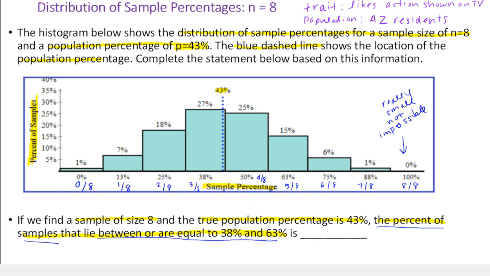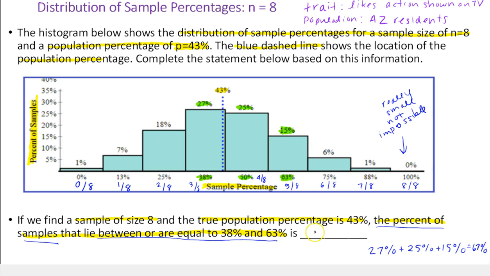So let's use a different color just to highlight these. Here's 38%, 50%, 63%. And their corresponding percent of the total amount of samples is 27, 25, and 15. So if we add up these values, 27% plus 25% plus 15%, 25 and 15 is 40, plus 27 is 67%.